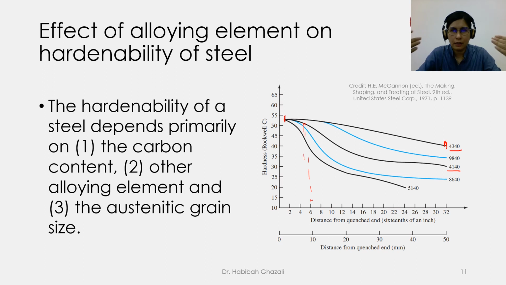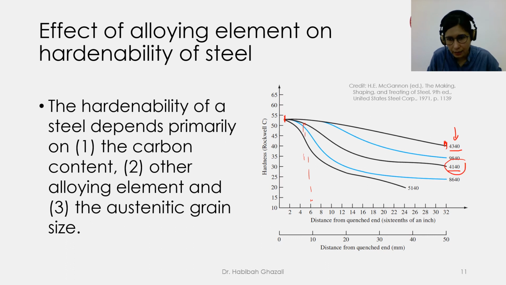If your application requires the material to be hard and strong throughout its thickness, you will choose this one. So you would expect, if you do heat treatment on these materials, when you quench them in water at different cooling rates, you can maintain the transformation of austenite to martensite.